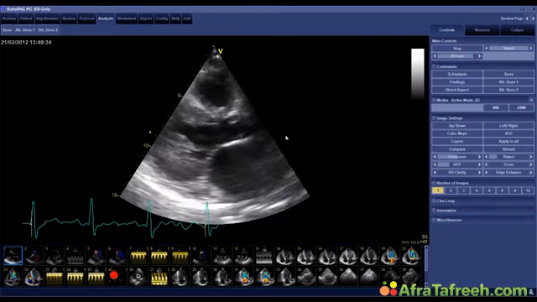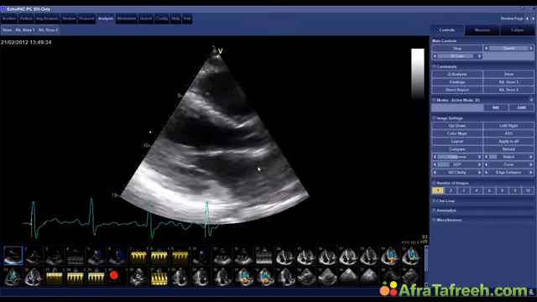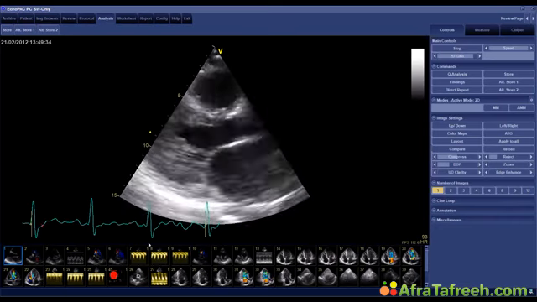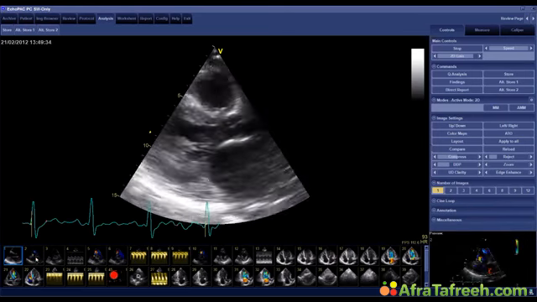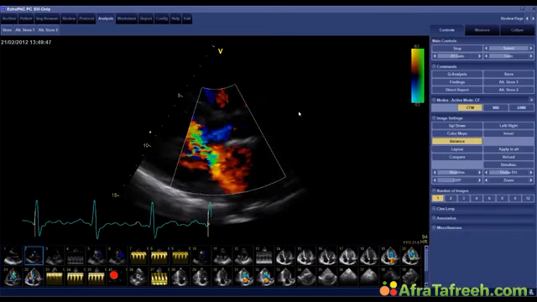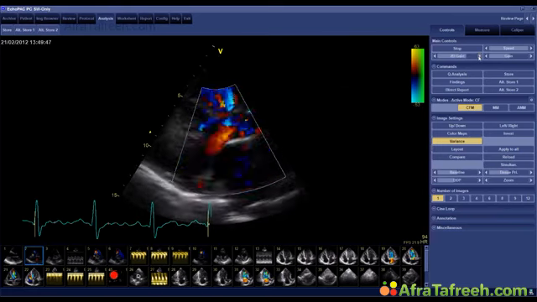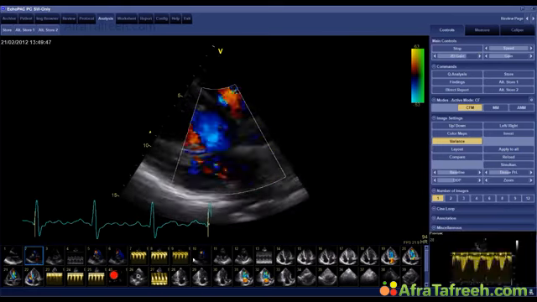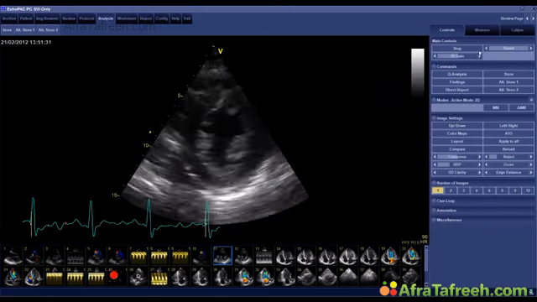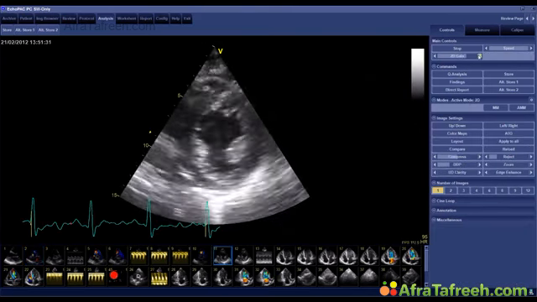Parasternal long axis view, the left atrium, aortic valve. Okay? This is the color Doppler. The image quality was not so good from the parasternal position. This is now the short axis view.